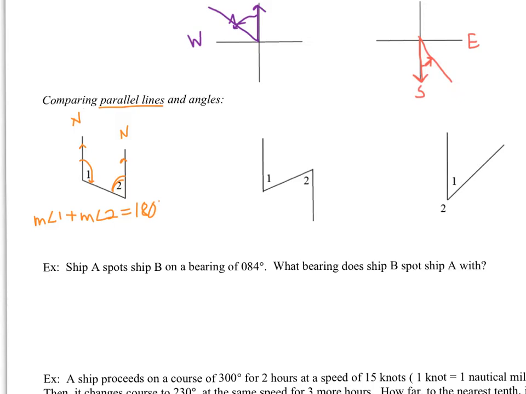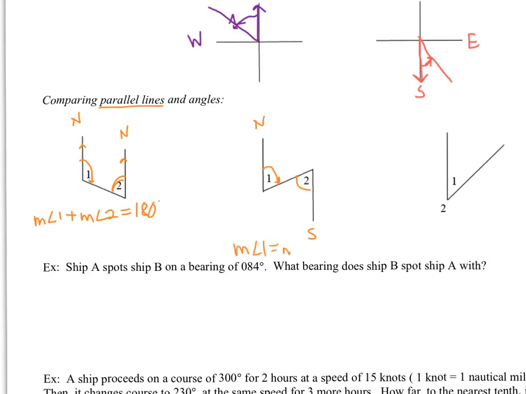Another scenario would be if you have another north direction, and let's say you rotate a certain degree, and then maybe you change direction so you could possibly have another north, or you might have a south direction. Now that angle is on the opposite side. Notice it's not on the same side like it was in that first picture. In this case, these angles are called alternate interior angles, and they are actually equal to each other.